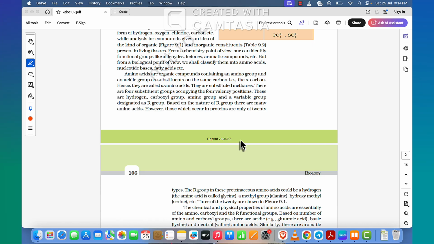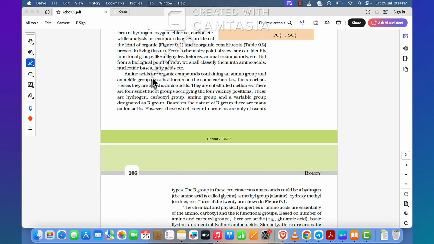From a chemistry point of view, one can identify a functional group like ketones, aldehydes, aromatic compound, etc. But from a biological point of view, we shall classify them into amino acid, nucleotide bases, fatty acid, etc.